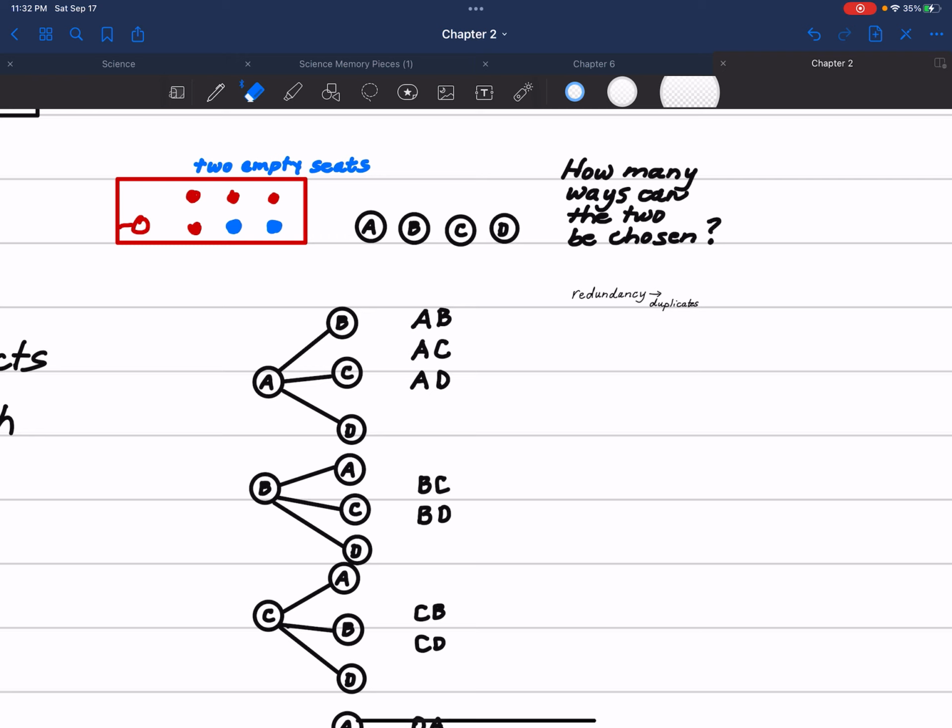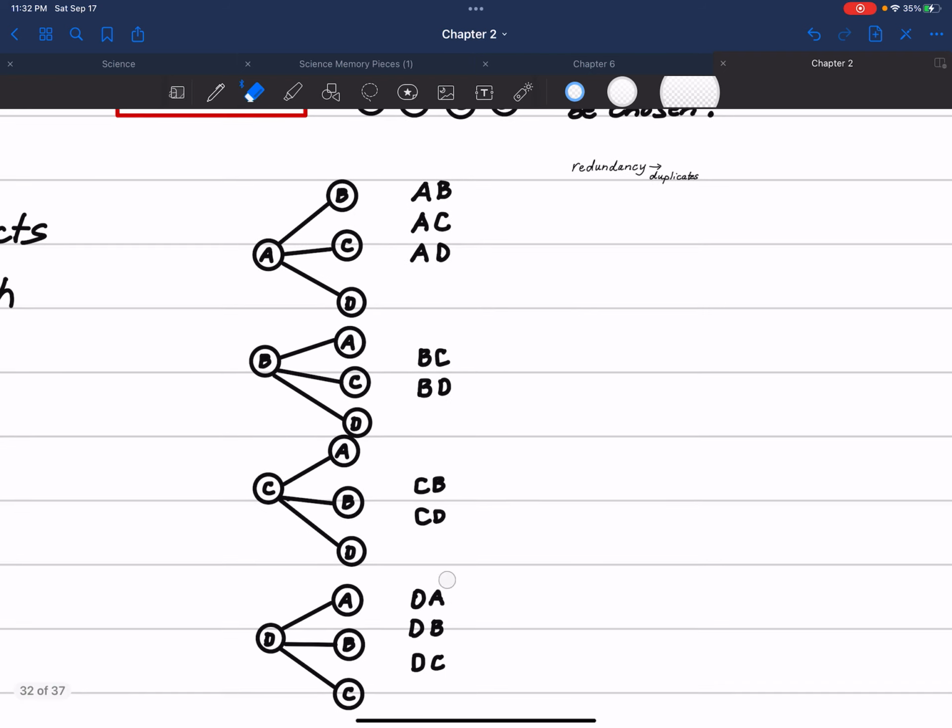All right, and then I have Adams and Davis. Well, that's the same as Davis and Adams down here. So let's remove that redundancy. Then I have Bennett and Clark, which is the same as Clark and Bennett. So let's remove that one. Bennett and Davis is the same as Davis and Bennett.